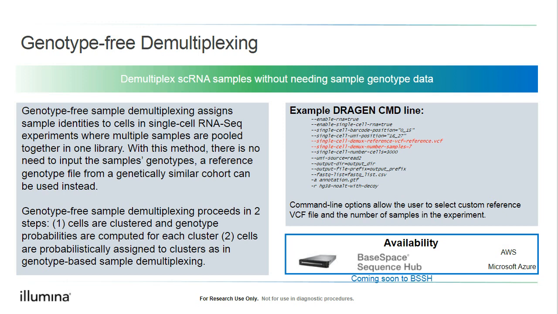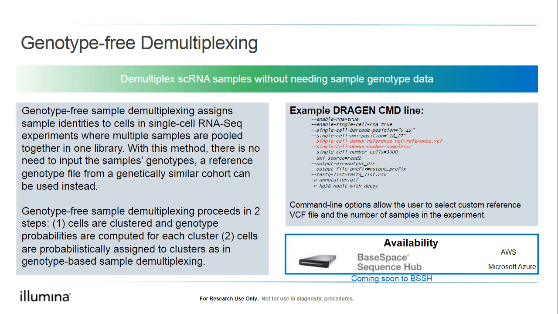However, instead, you can input a reference genotype file from a genetically similar cohort. So you do not have to have VCF files using the genotype information that are individual to a sample, but you can have a cohort file that is similar to that. And that makes the analysis steps much easier and faster for you to run.